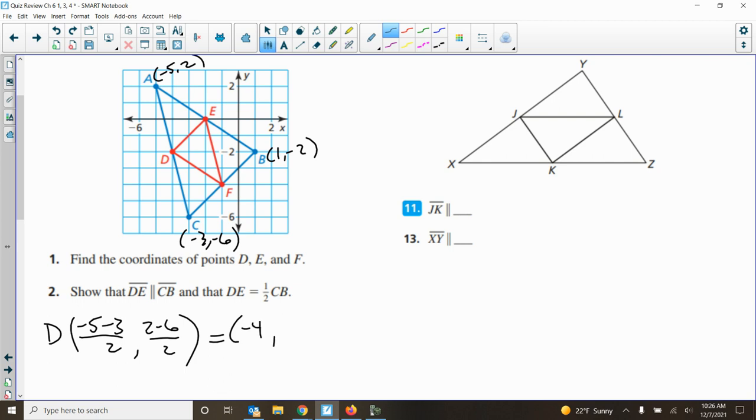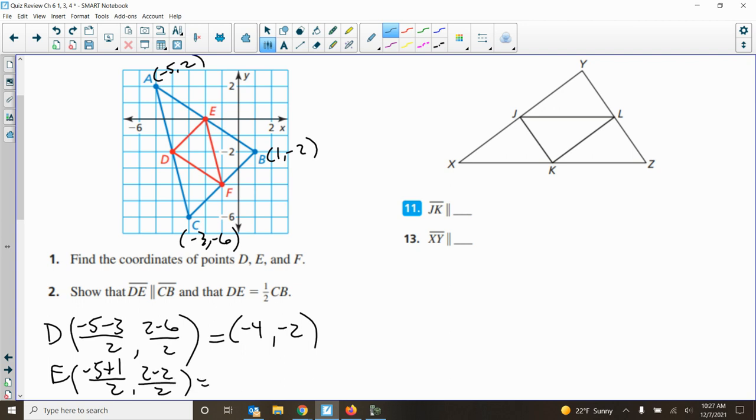And 2 minus 6 is negative 4 over 2 is negative 2. Does it look like D is at negative 4 or negative 2? It sure does. Okay, but make sure that you can use the midpoint formula to confirm that. Point E is the midpoint of A and B. So let's go negative 5 plus 1 over 2, comma 2 minus 2 over 2.